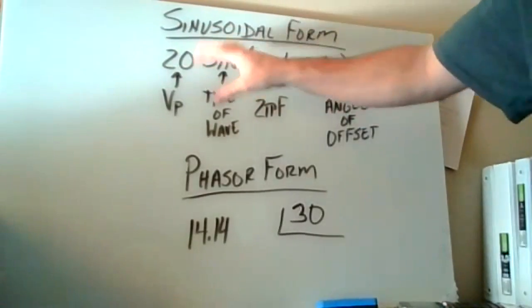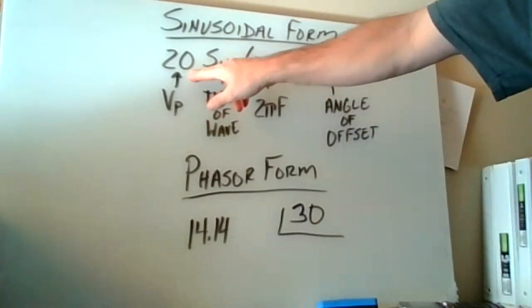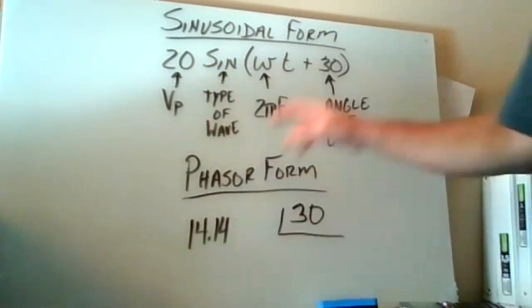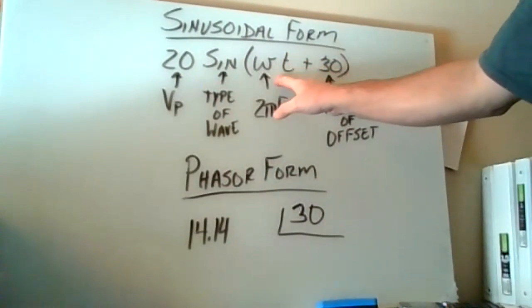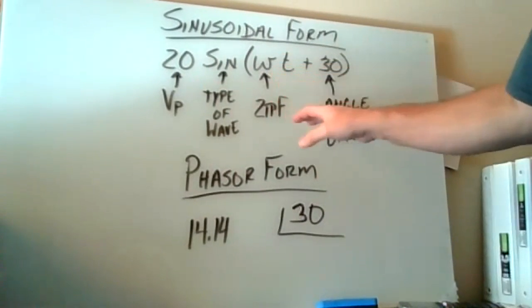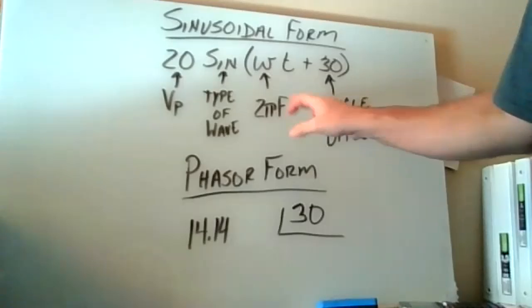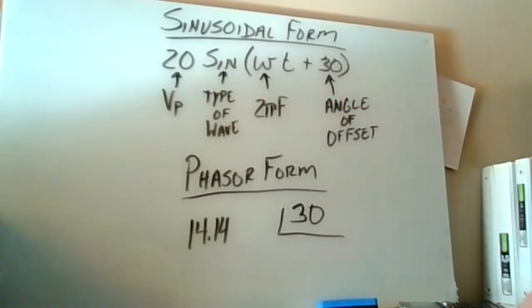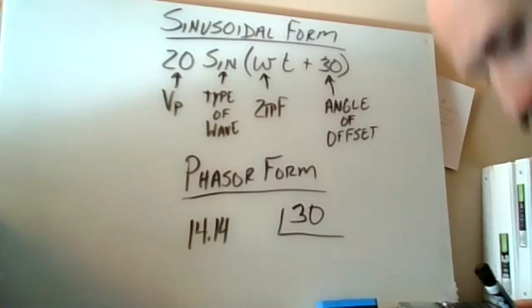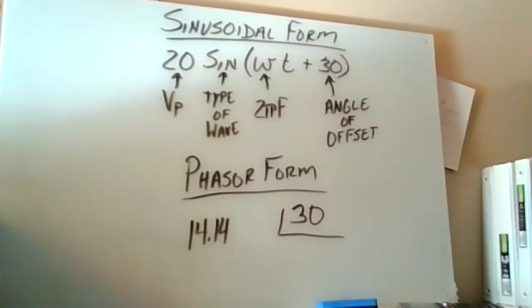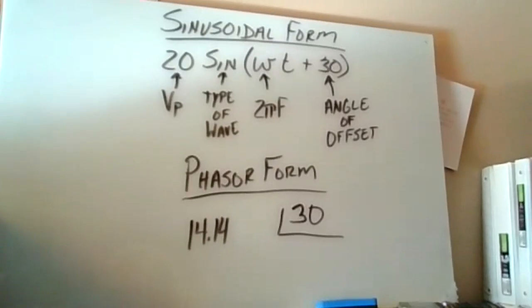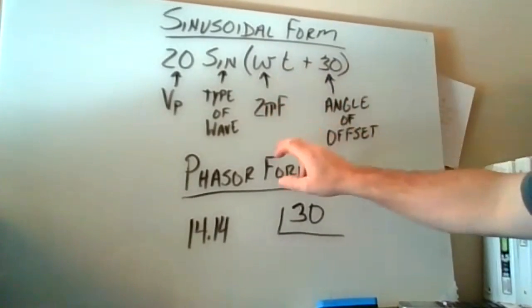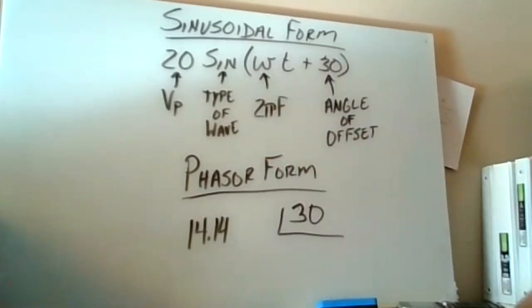And when you convert this to phasor, all you care about is your volts peak, put the VRMS, and you bring your angle down. That's it. The omega, I could put a number in there, and you guys are going to learn 2 pi f is going to be something that we're going to use a lot of. So if I give you something in sinusoidal form, and I put a number in here for omega, remember that omega is equal to 2 pi f.